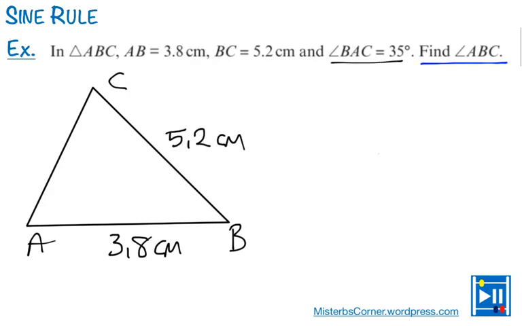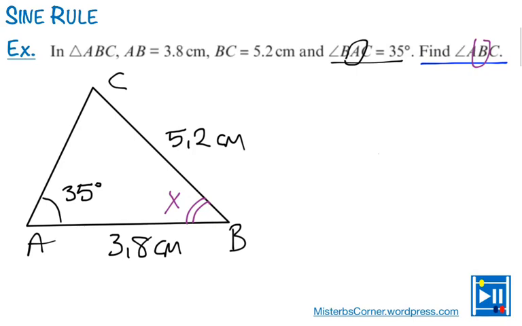The angle given is BAC, so I'm looking at the middle letter, so it's going to be this angle being 35 degrees. Now I am asked to find ABC, namely angle B.